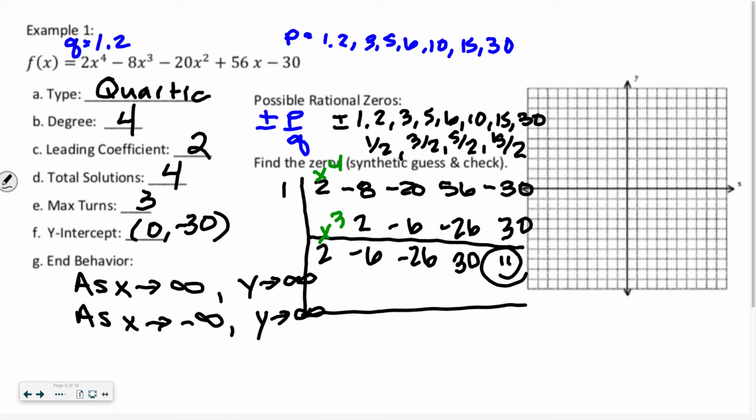So did anybody else's number work? Are you sure? Who's my 3s? What about -3? I think -3 works.